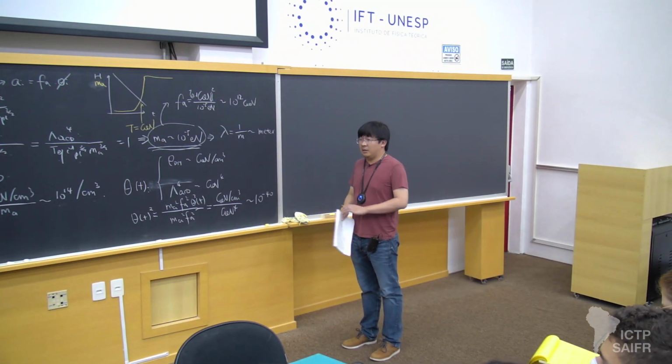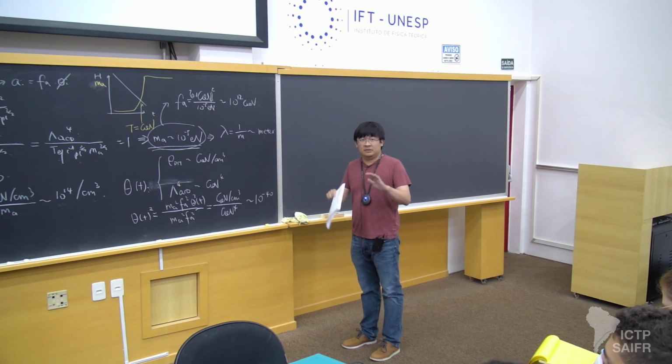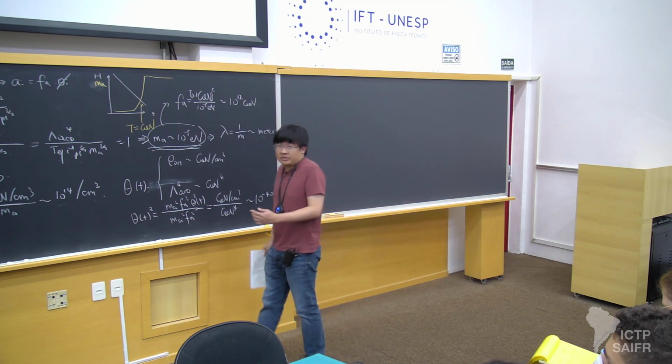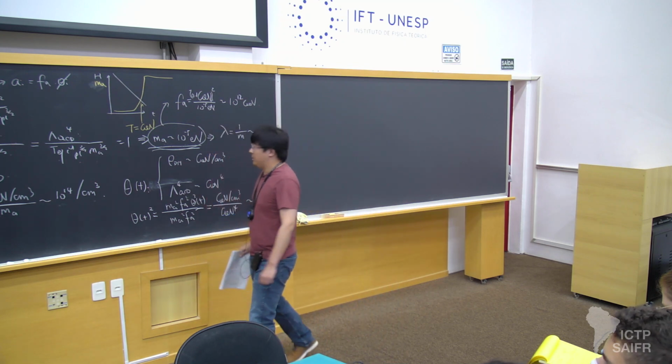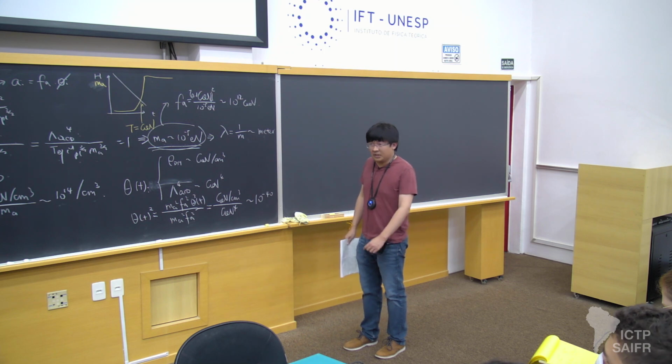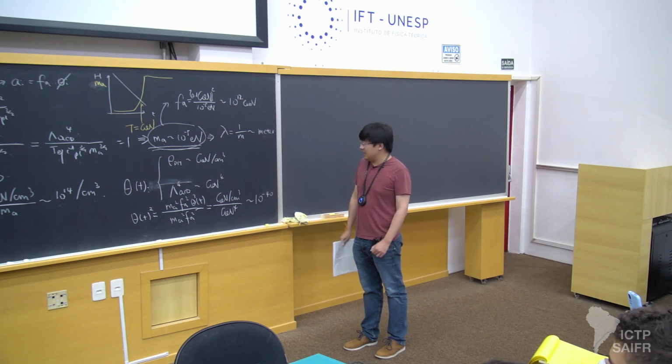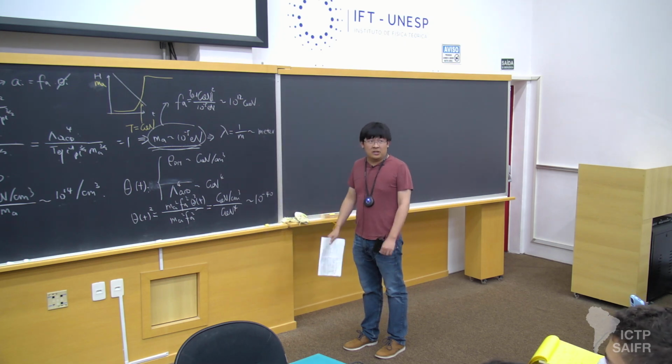All of these dynamics are in one of the reading materials I attached, a TASI lecture. If you are interested, you can look it up and maybe work it out for yourself, but that will require some understanding of field theory. For this class, this is actually a good enough estimate.